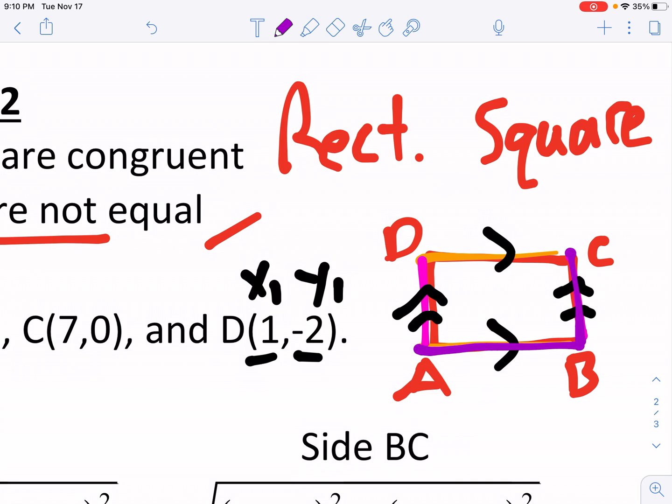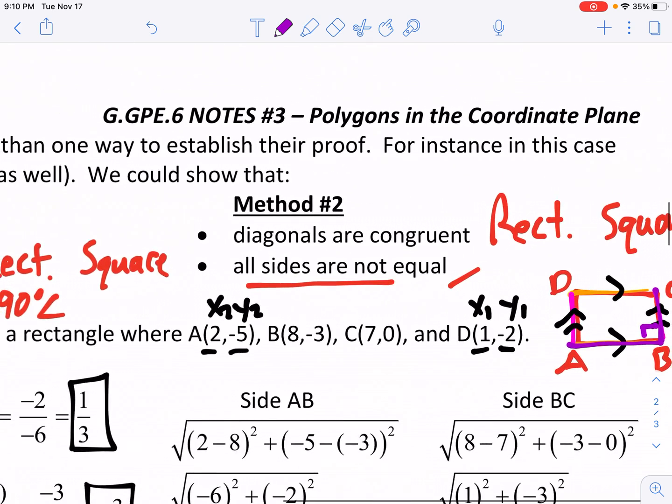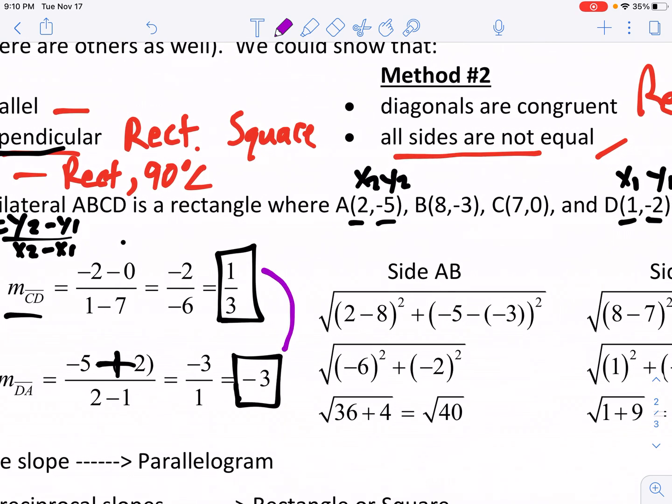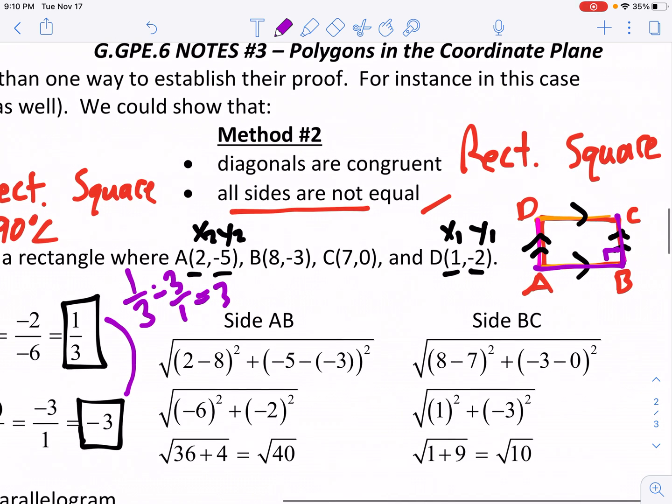So we're trying to determine if this is a right angle. In order for that to be true, these need to be opposite reciprocals. Are they? Yeah, one is positive, one is negative, and if we flip 1 over 3, we get 3 over 1, which is 3. So these guys are opposite reciprocals. In other words, they're perpendicular to each other, and this would be 90 degrees.